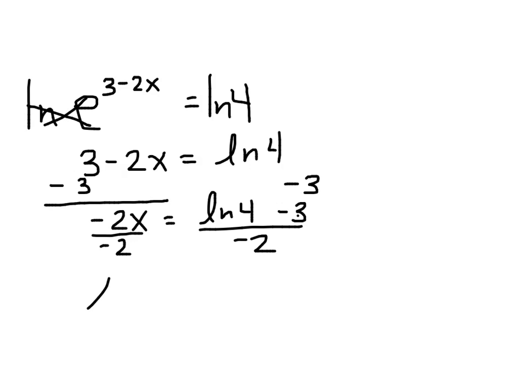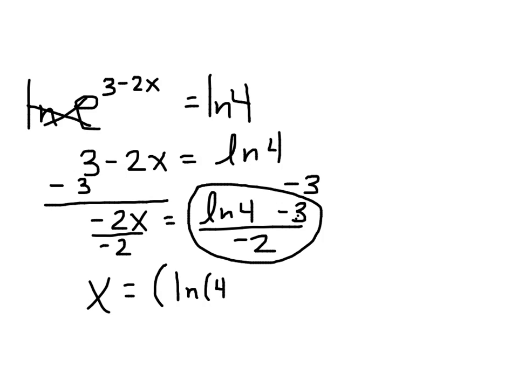So, when you're typing this in the calculator, and by the way, this right here would be the exact solution, this is where you've got to be extremely careful. Because there are 2 parts on the top, I would put parentheses, ln of 4, close it, minus 3, divided by a negative sign 2.